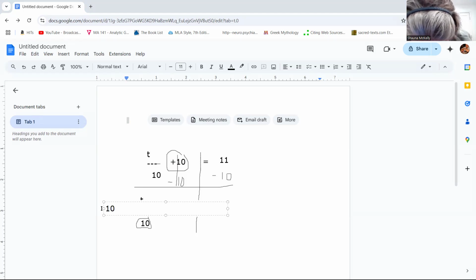So I'm going to say 10. You can put it over 1 if your teacher likes you to do that. It's not completely necessary, but some students find that helpful if you're multiplying fractions. That's perfectly fine, or you can just write 10. This is 10 over 1 here.